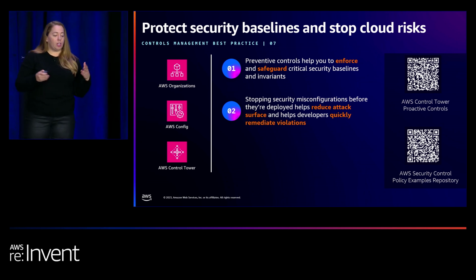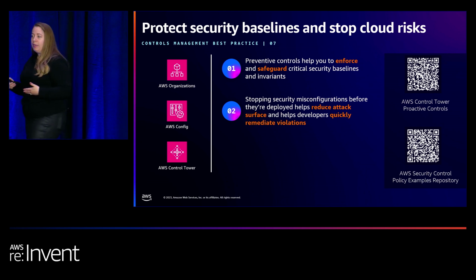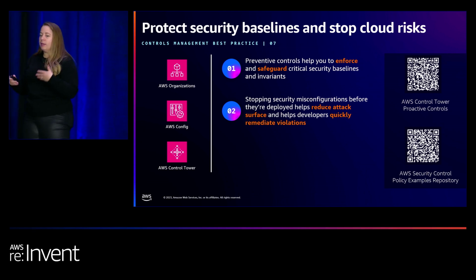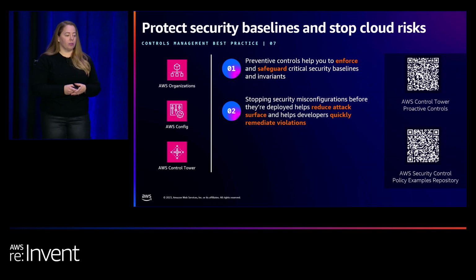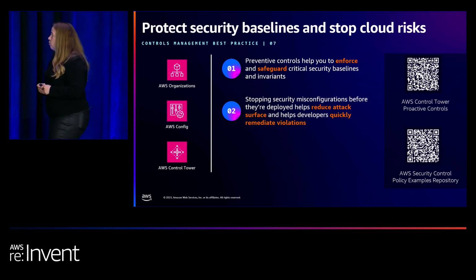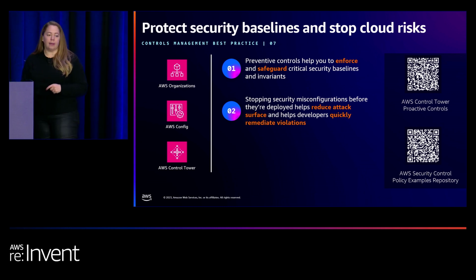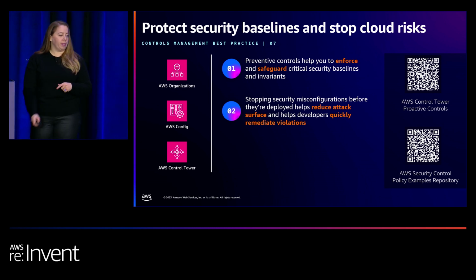Stopping misconfigurations before they're deployed also helps to reduce attack surface and, as I mentioned previously, helps developers quickly remediate their violations and define controls in code more productively. Control Tower has over 120 proactive controls, and you can also see some AWS security control policy examples in the repository there.